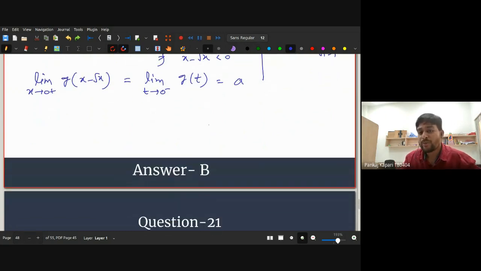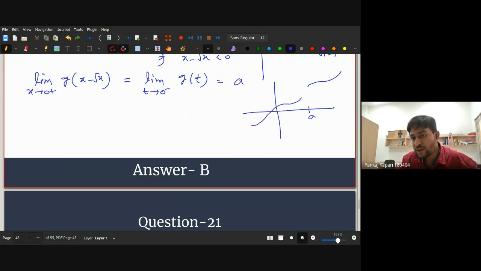Okay, so it might happen that, in general, your graph, let's say you are taking the limit at some point a, when x approaches a. So it might happen that the function is not defined at a, right? It can be like the function on the right hand side is like this, and on the left hand side it is like this. Okay, so the value of the function may not be defined, so we are not defining it. Or we can define the value of the function, let's say here in between.